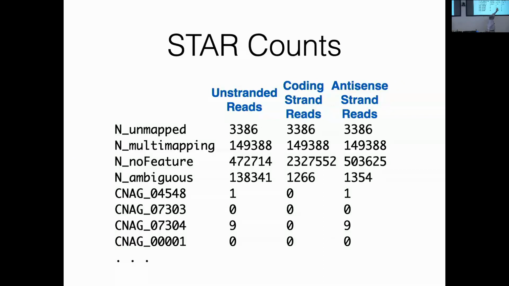So either of these methods requires one or two additional steps in the processing. Before these methods were developed, all RNA-seq data was unstranded, so you couldn't tell whether the read came from the sense strand or the antisense strand.